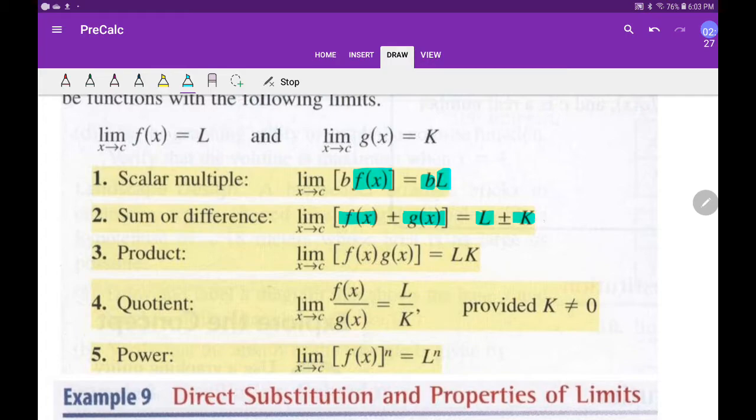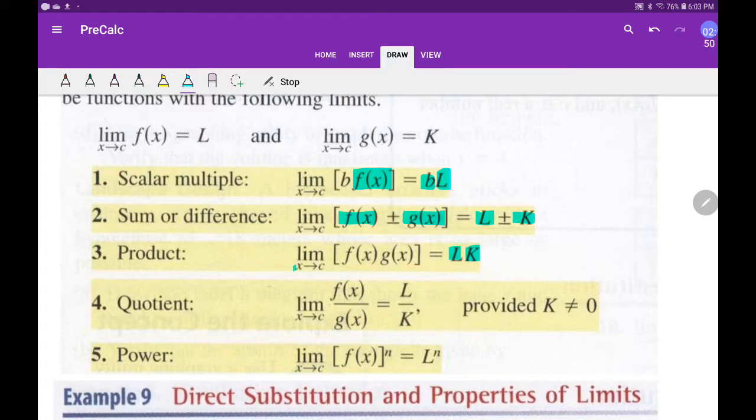If I actually add their limits together instead of adding the functions together. It'd be easier if I just found each limit and put them together once I found the limit. Maybe it'd be easier. Again, if I find the limit as x approaches c of f of x times g of x, it's okay if I find their limits and multiply them together instead.